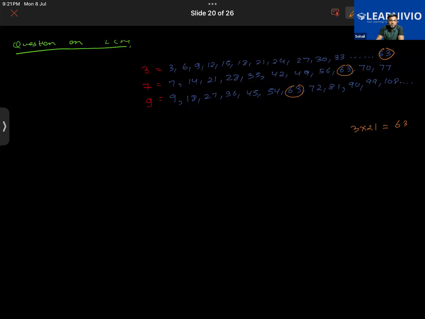Solve one more question. I'm giving you guys one more question to solve. Just like you solved this question, by finding out the multiples, find the least common multiple of 4, 10, and 12. You have to find the least common multiple of 4, 10, and 12.